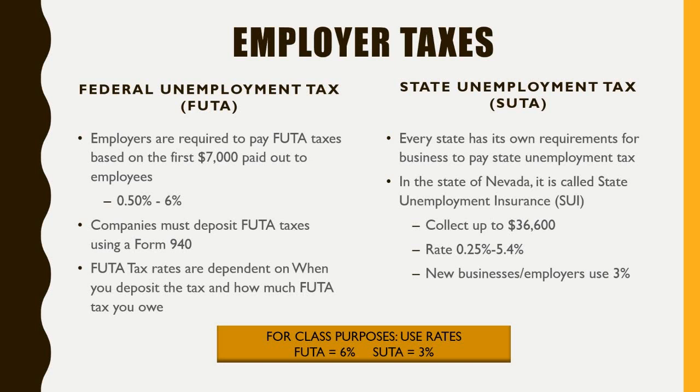So that's just a fun fact for you to know. Since we are going to be doing a fictitious business, we're going to pretend that we're starting from scratch, so we will be utilizing 3% for this class. But know that these will range based on the liabilities that you owe and so on and so forth. So there's federal and state unemployment.